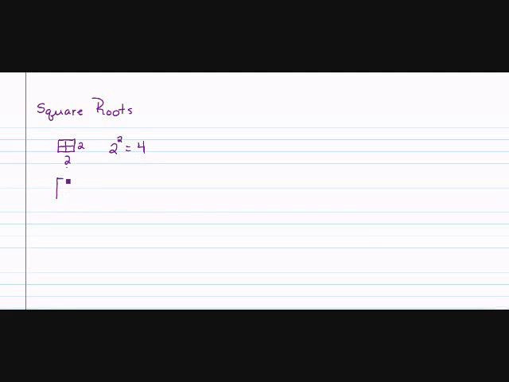If I had a square and I said it was 3 by 3, or 3 squares by 3 squares, I have 3 times 3, or 3 squared, which is 9.